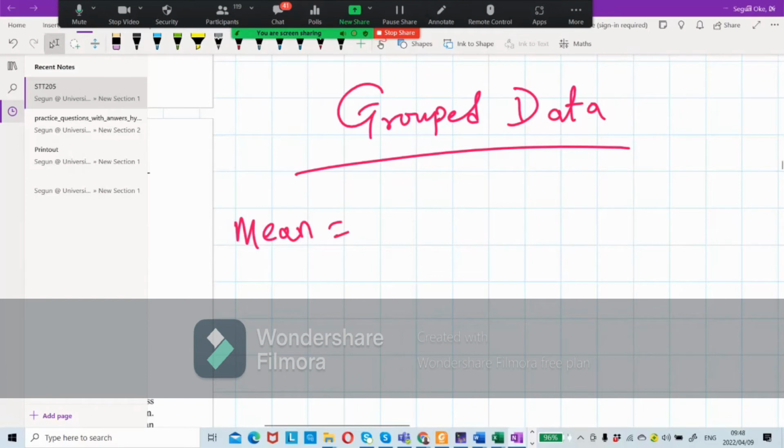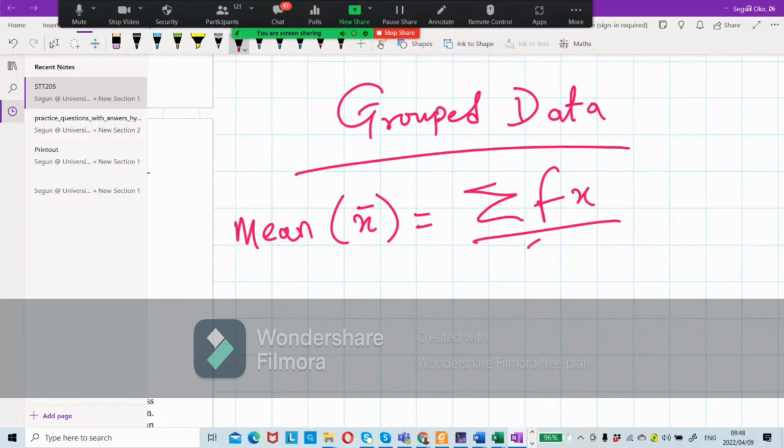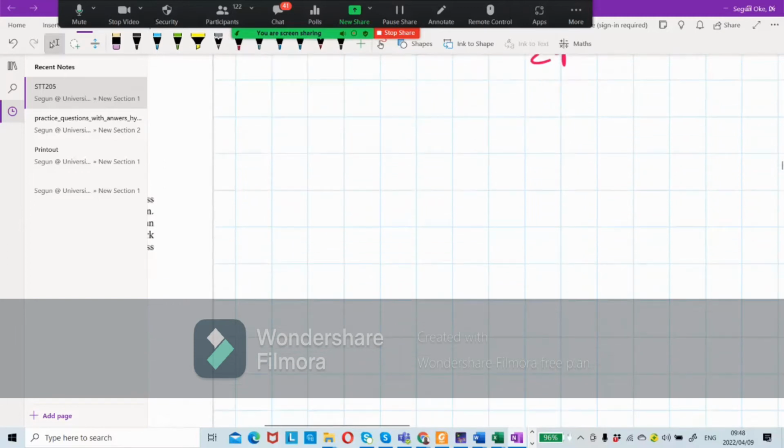Our mean for group data is the same thing as x bar equals summation of f of x all over summation of f. Then the median is different.